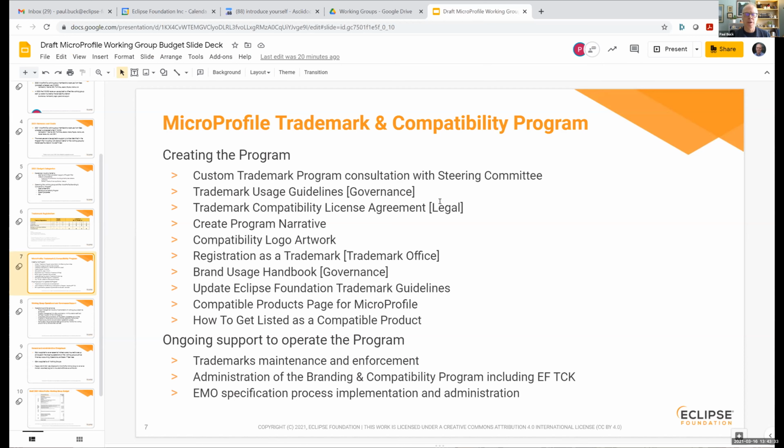So we're really tweaking what was done in Jakarta, and tuning it for MicroProfile. That said, bullet one here is what is the nature of the branding compatibility program for MicroProfile. There've been discussions, but it's unclear to me what form it will take.